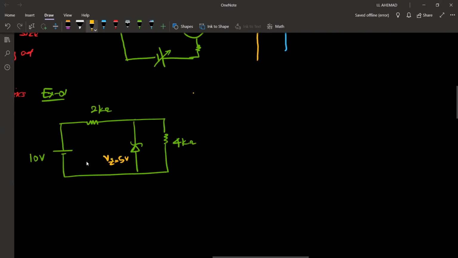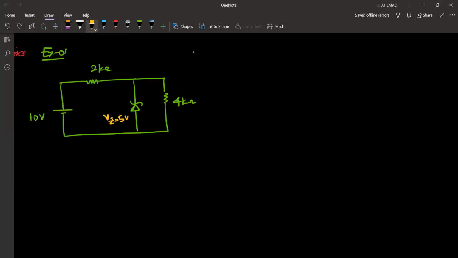So the question is to find the current through the Zener. Now here the only difference between the diode and Zener diode is that the diode is used in forward bias, the Zener diode is used in reverse bias. Whatever we did with diode is similar.